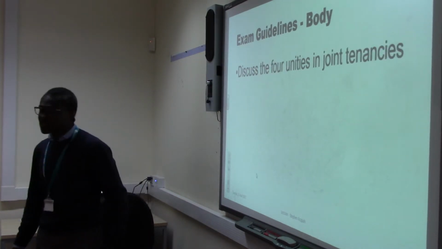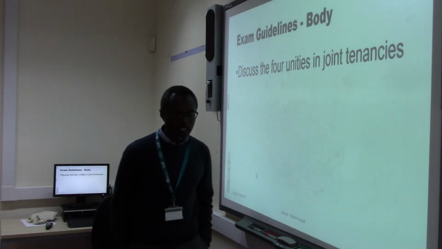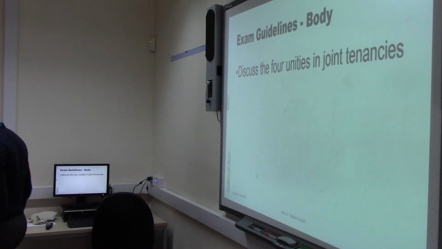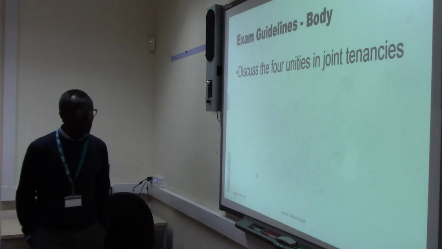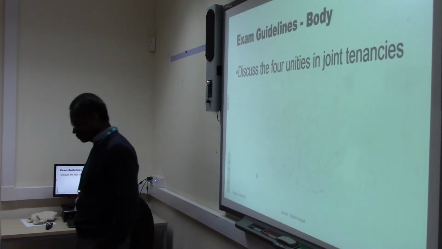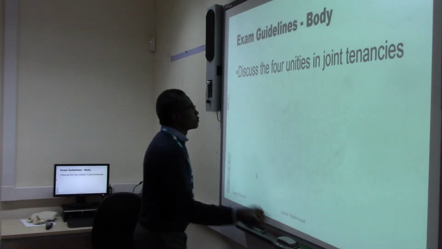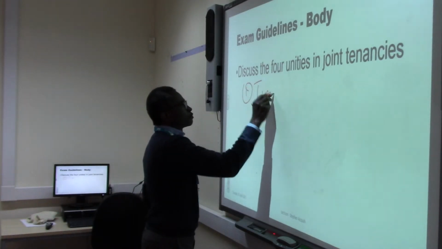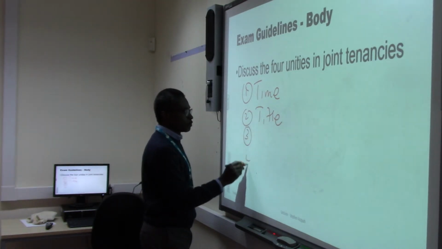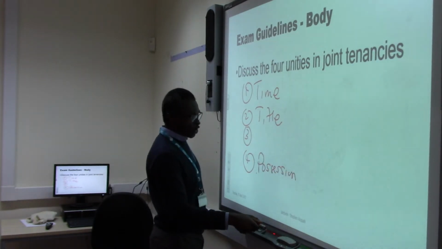Talk about the 4 unities, yeah? So you've got time and title, possession, and I've forgotten the 4th one, but they're 4 unities. Just talk about them very briefly and explain what they are. Somebody just check the third one.